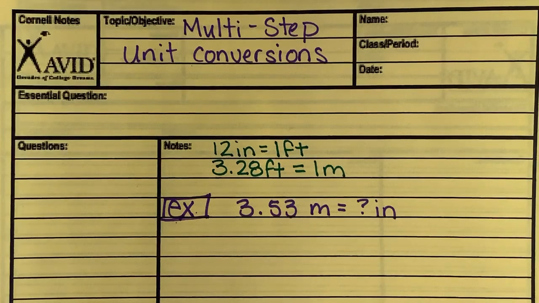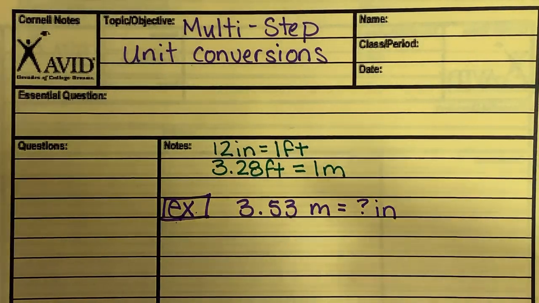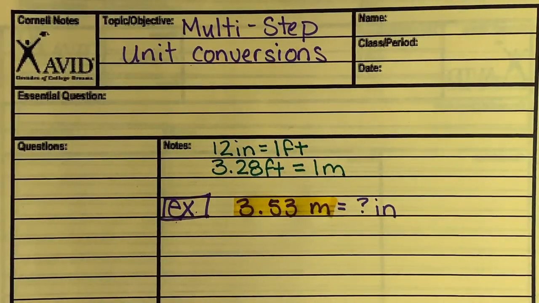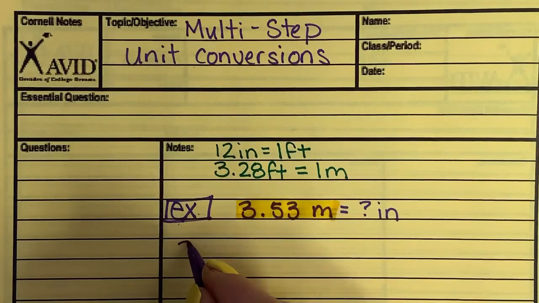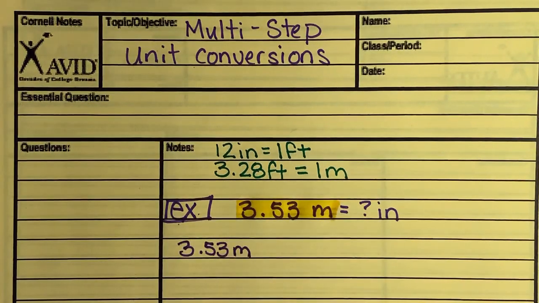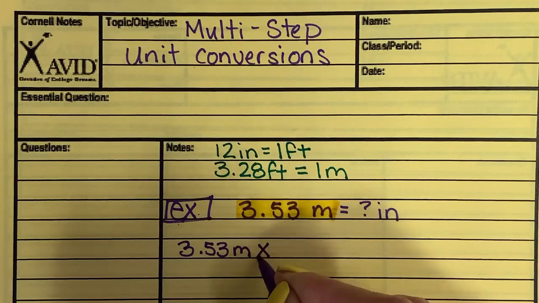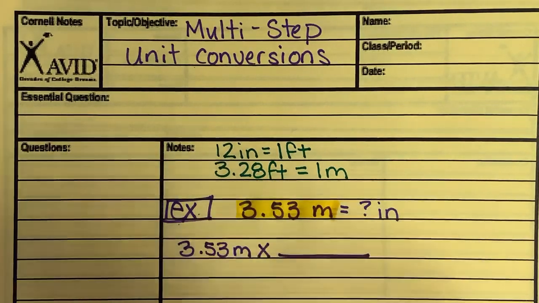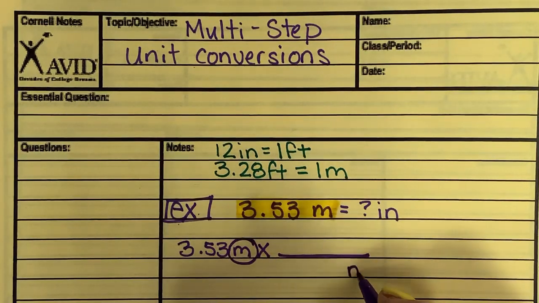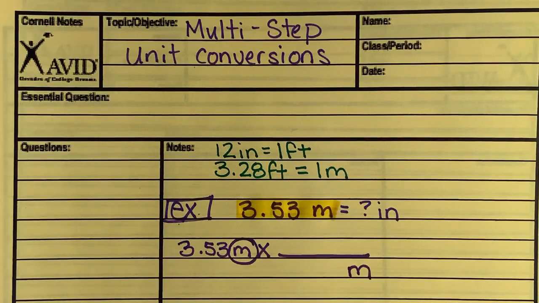Now, when I set this up, I set it up exactly like I did before. So I'm still going to start with my number given. I've got 3.53 meters. I'm going to draw my times sign. I'm going to draw my line. Because I'm starting with meters, meters are going to go on the bottom.